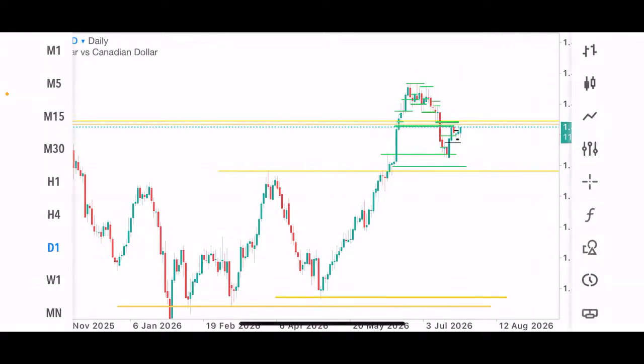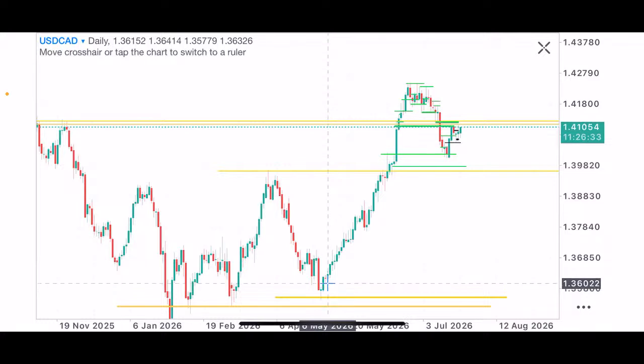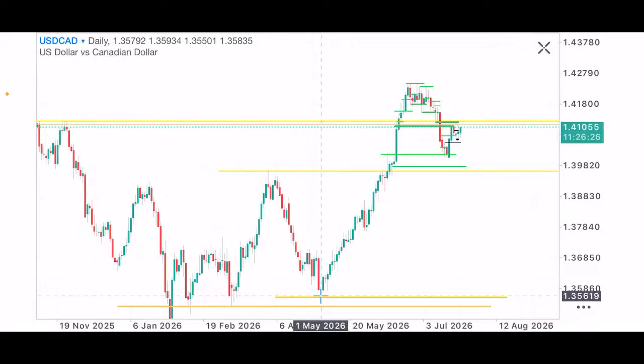All right, so let's talk about price movement on USD CAD, Monday morning analysis. Price rallied from 1.356. That's the price here, 1.35619, but I will be rounding it to 1.356.